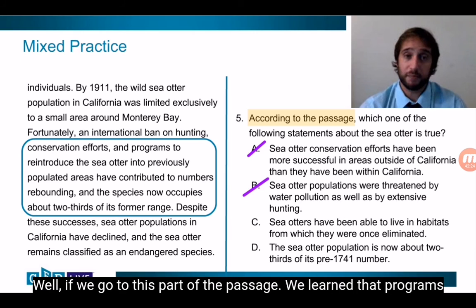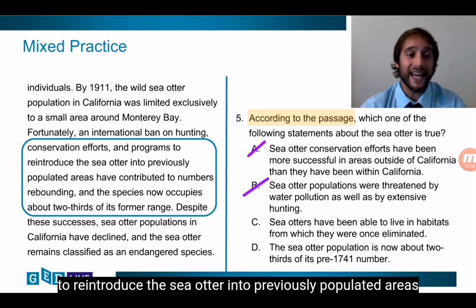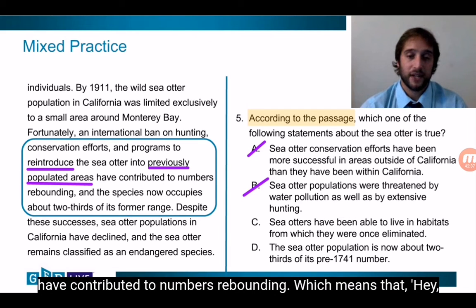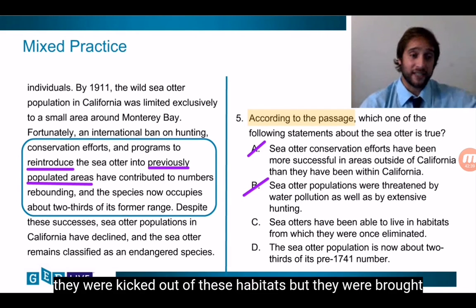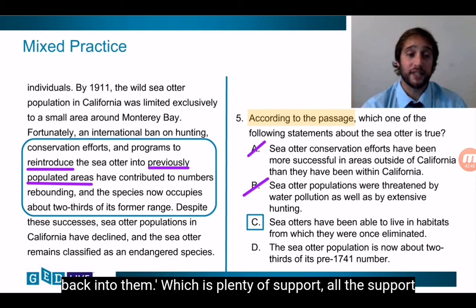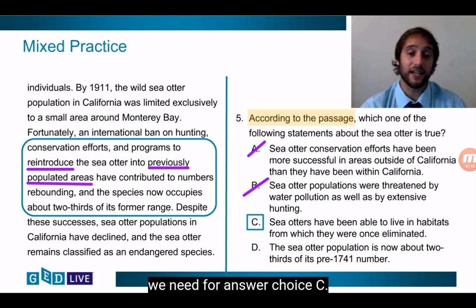All right, well, if we go to this part of the passage, we learn that programs to reintroduce the sea otter into previously populated areas have contributed to numbers rebounding, which means that, hey, they were kicked out of these habitats, but they were brought back into them, which is plenty of support, all the support we need for answer choice C.